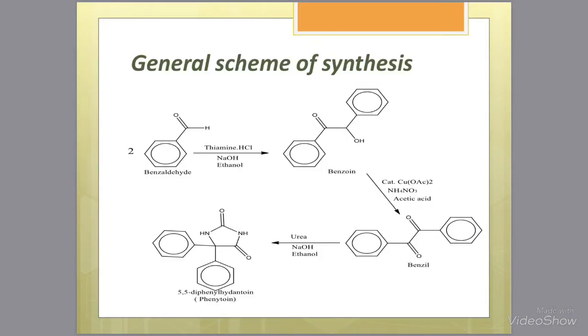This reaction will need a catalyst, which is the thiamine chloride. This benzoin compound will be oxidized to benzyl compound in the second step. The last step is another step of condensation, where benzyl is going to be condensed with urea in order to synthesize the diphenylhydantoin or phenytoin.